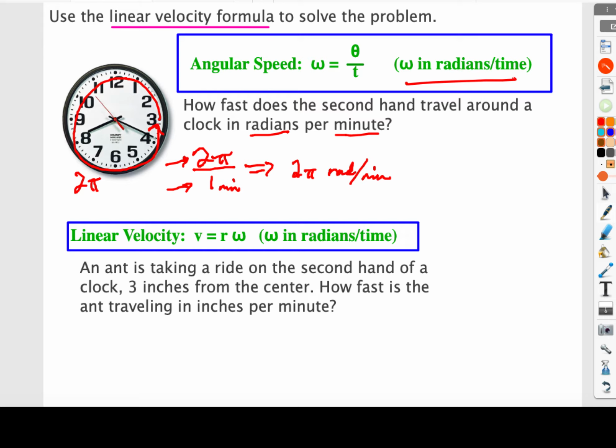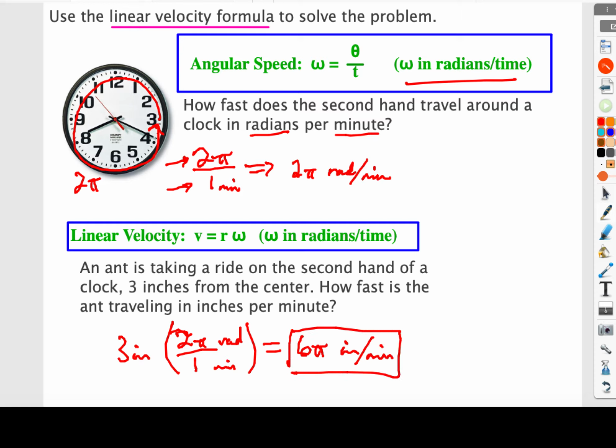And since we know that the second hand travels 2 pi radians every minute, we can just take that multiplied by our radius. He's riding 3 inches from the center of the clock, and it would be essentially 6 pi inches per minute.